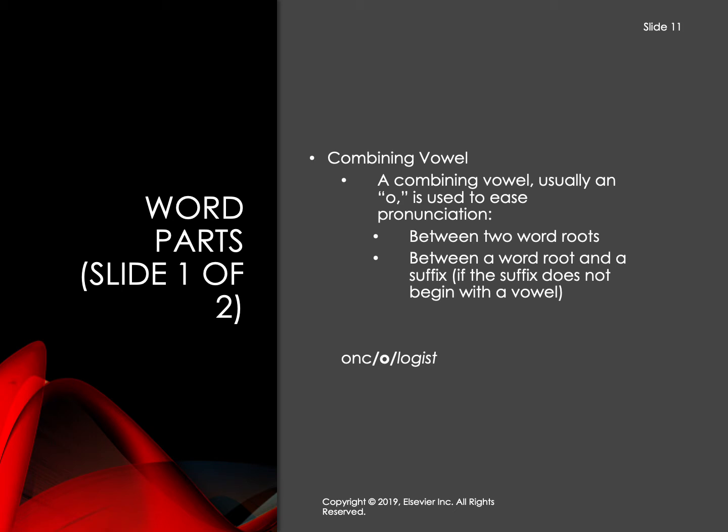The combining vowel in the example oncologist is the O. Remember, the reason for this is it just makes it easier for us to pronounce the word. Okay, it makes it flow a little bit better. And, we look at the rule. Between a root word and a suffix, if the suffix does not begin with a vowel, we're going to add an O. But ologist does have an O, and onco also has an O. Okay, so we're going to stick those two root words together.